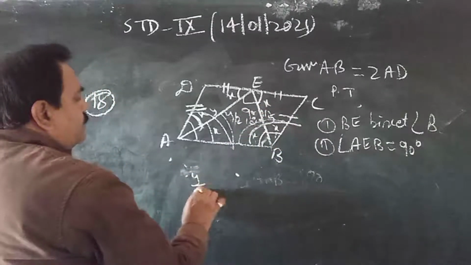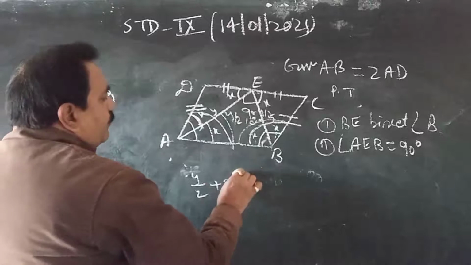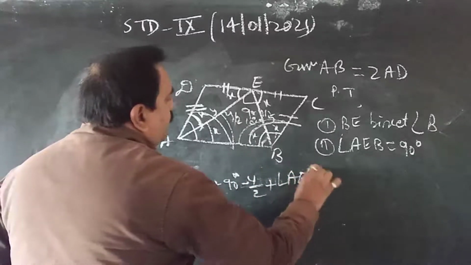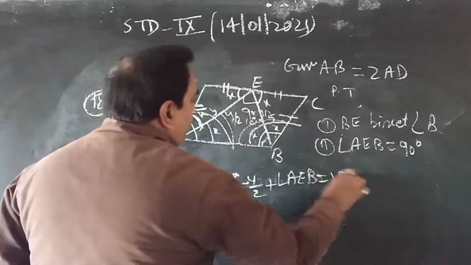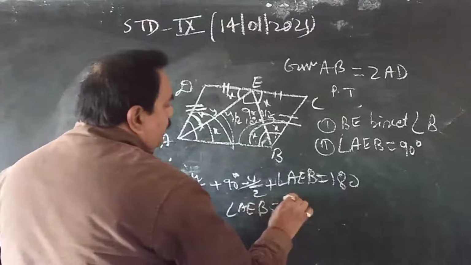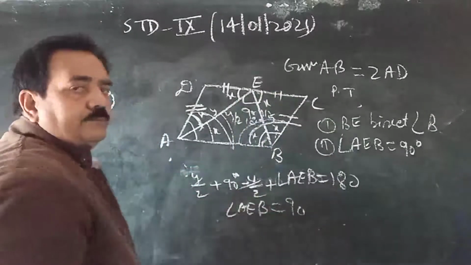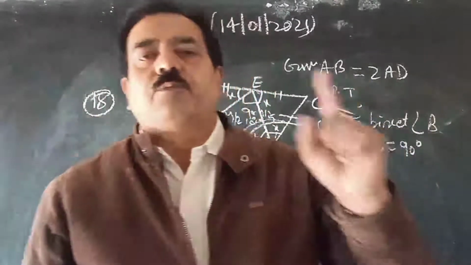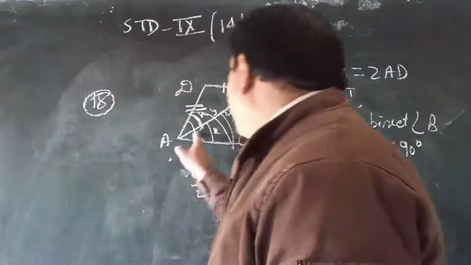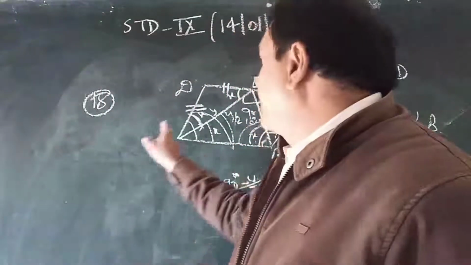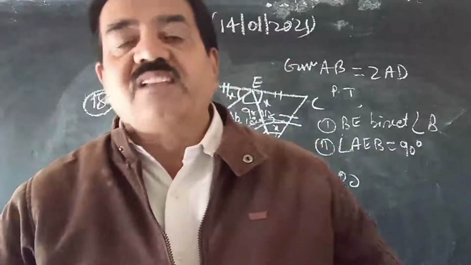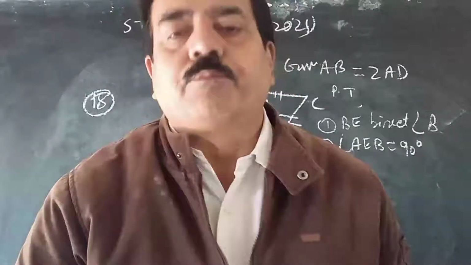So y by 2 plus 90 degrees minus y by 2 plus angle AEB is equal to 180 degrees. Cancel. Angle AEB is equal to 90 degrees. Co-interior angles sum to 180, so if we suppose this is y, then this will be 180 minus y. Then bisect accordingly.